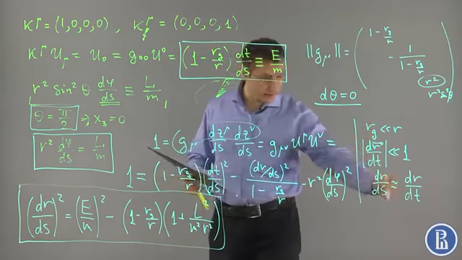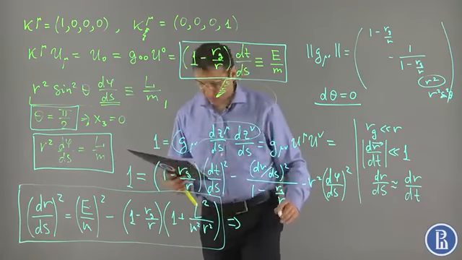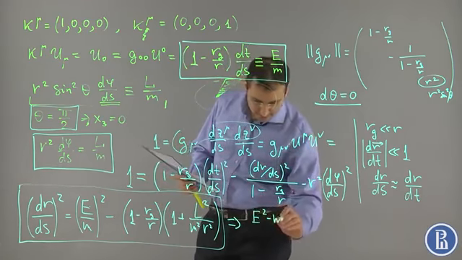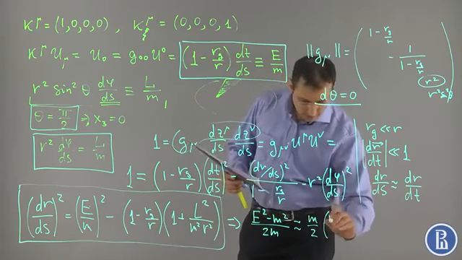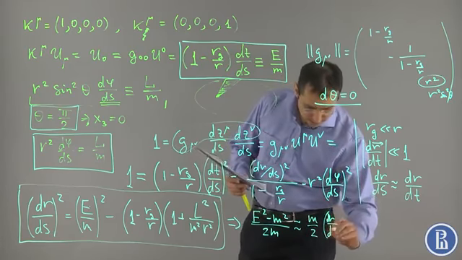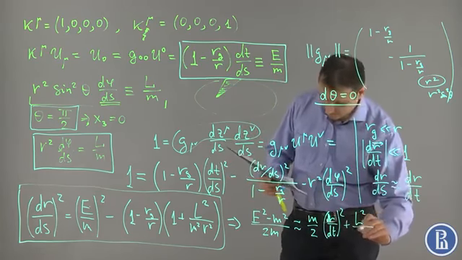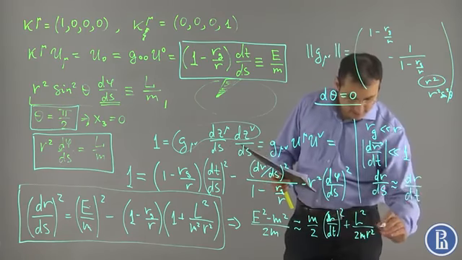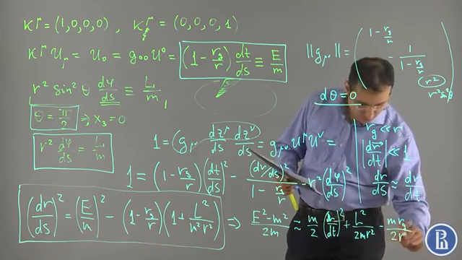As a result, if we take this limit in this expression, we obtain the following equation: E squared minus m squared divided by 2m is approximately equal to m over 2 times dr over dt squared plus L squared divided by 2m r squared minus m times rg divided by 2r.